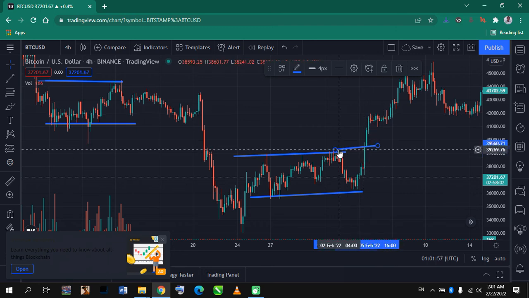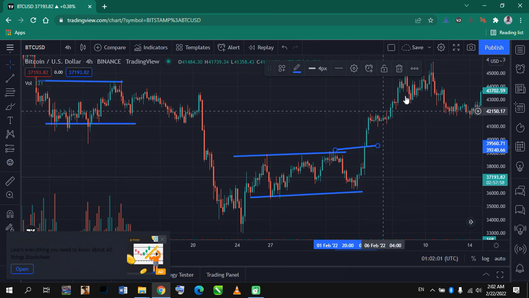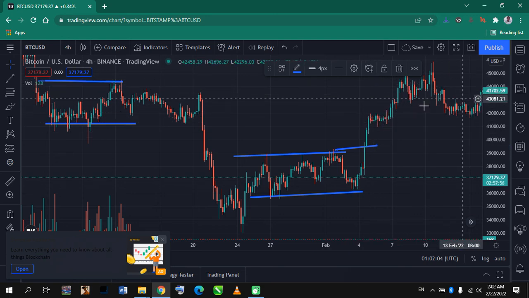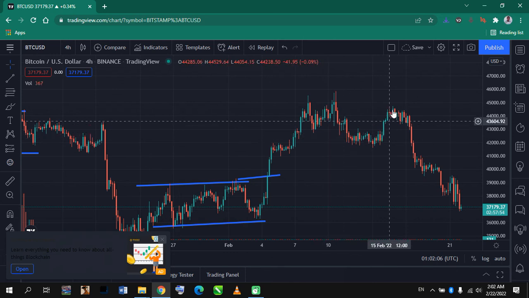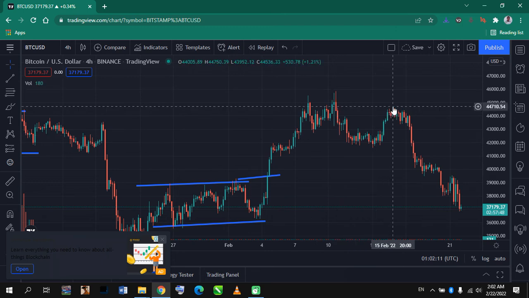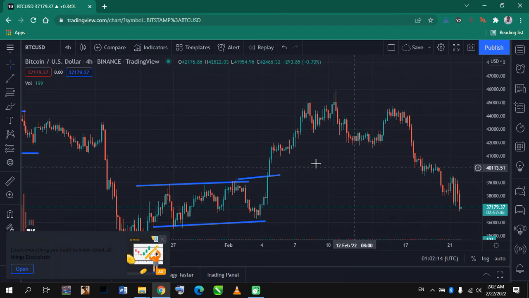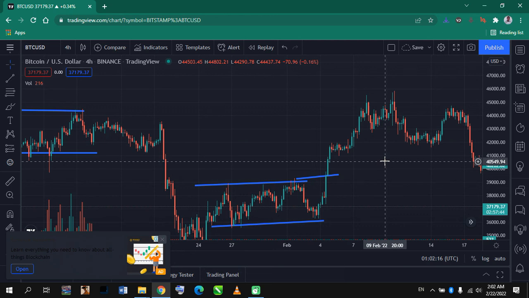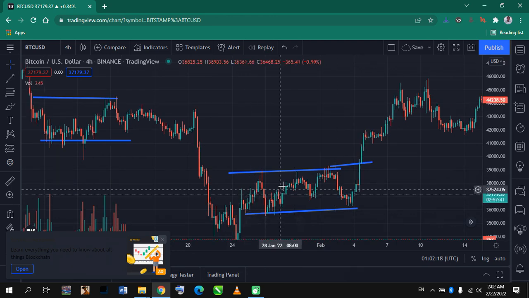Immediately you see the market break above this, the price chart begins to move higher. But when you get to a particular stage, you realize that it cannot break above the previous high. You see another downtrend, but that's not what I want to tell you. The only thing I want to teach you now is the accumulation stage, and I hope you get the exact thing I'm trying to make you understand.